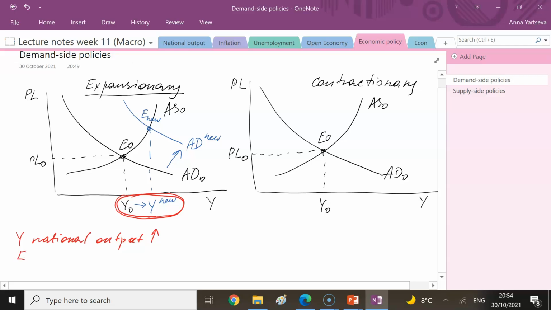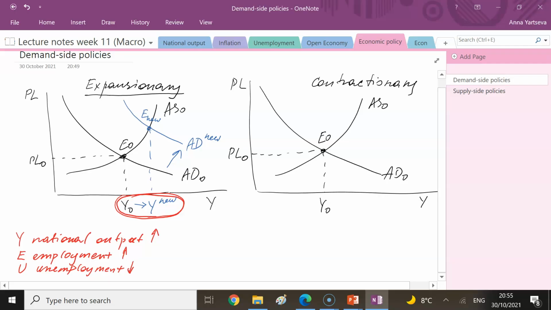This will lead to an increase in the employment level as well. Why is that? Because in order to produce higher output, we need to hire more workers. We need staff in order to produce additional products and services. Therefore, the employment level in the country will increase, and this will lead to a reduction in the unemployment level. So as you can see here, we achieve a number of objectives at the same time.